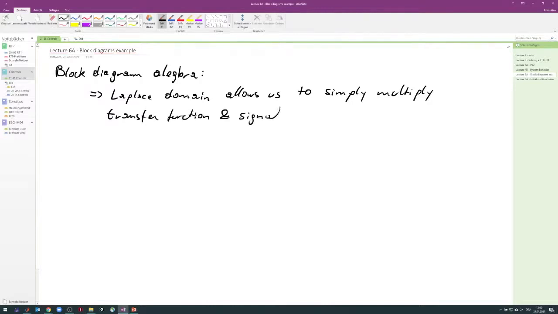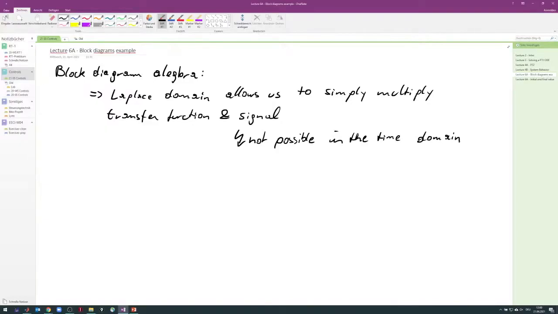Remember, this is not possible in the time domain, because in the time domain we have integrals, we have differentiators there. So this cannot be done in the time domain. And you will often find systems in books or in papers.